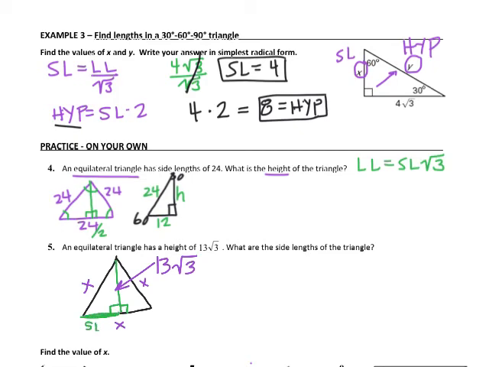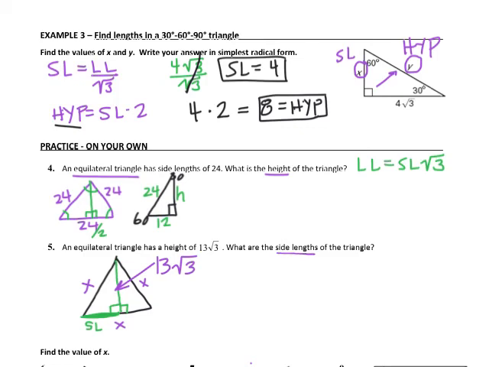Okay, so I'm going to label that SL for short leg. And if I'm looking for one of the sides, then I can just double that, right, to find the whole length, because the short leg times 2 is the length of the hypotenuse as well. So I hope that helps you find the length of the side based on the drawing that we did and the hints that I gave you for that.